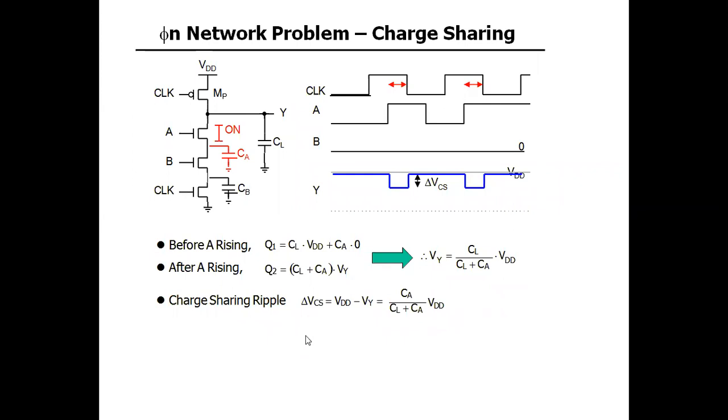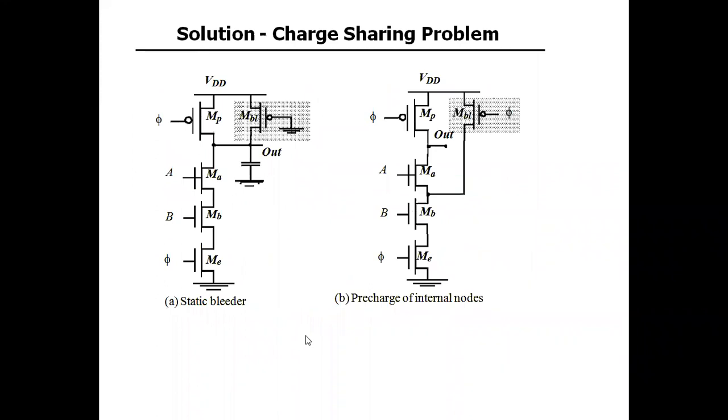That is the problem associated with this phi n network, that is charge sharing, right? And how to address or resolve this problem? Either you can use a static bleeder circuit, or pre-charge some internal nodes. These are the two ways to address this charge sharing problem.